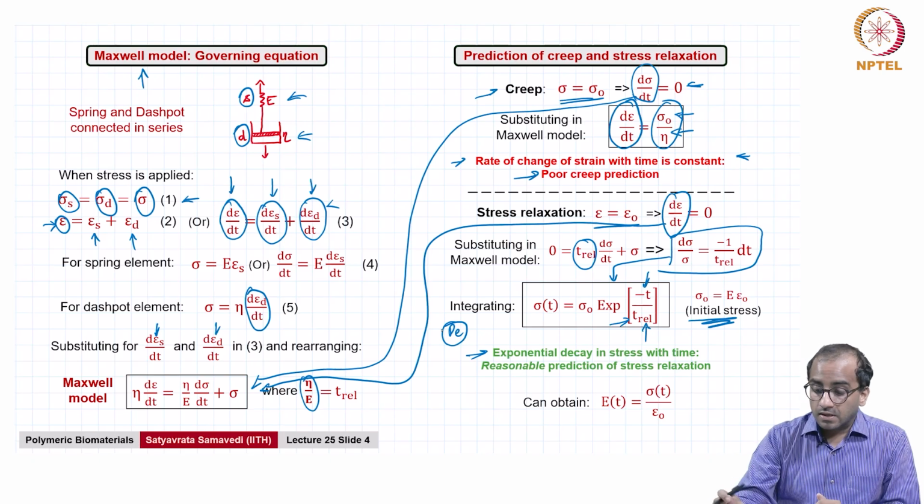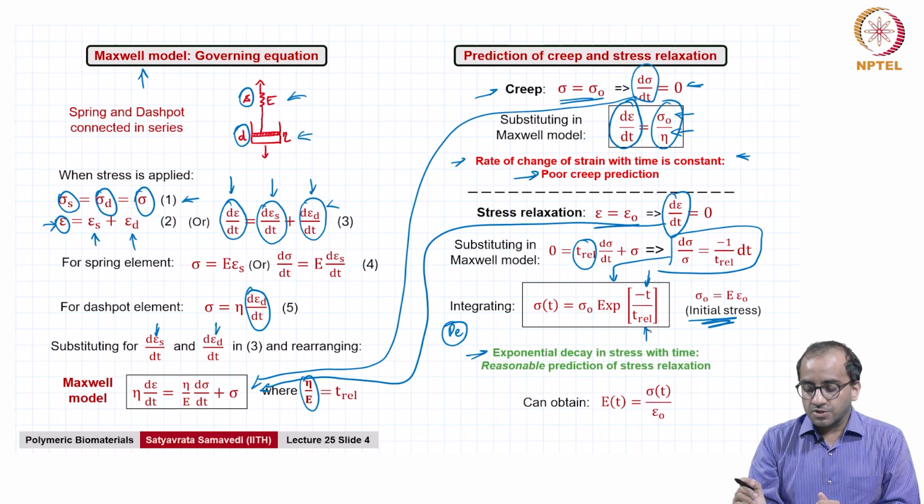So, I will repeat that. For very long times or very short relaxation time scales, you are going to get predominantly viscous responses, and for very short times, that is t tending to 0, or very long relaxation time scales, you end up getting dominant elastic solid-like responses.